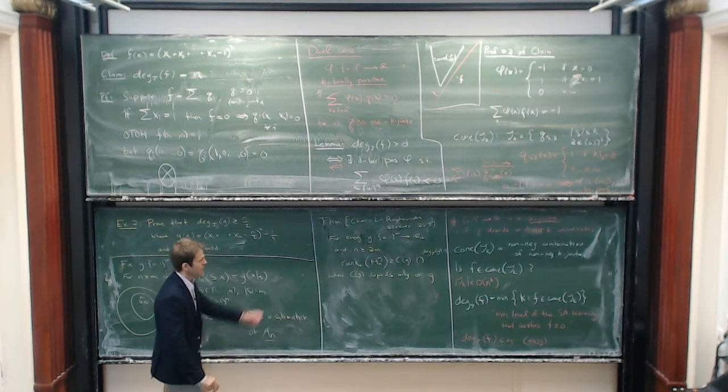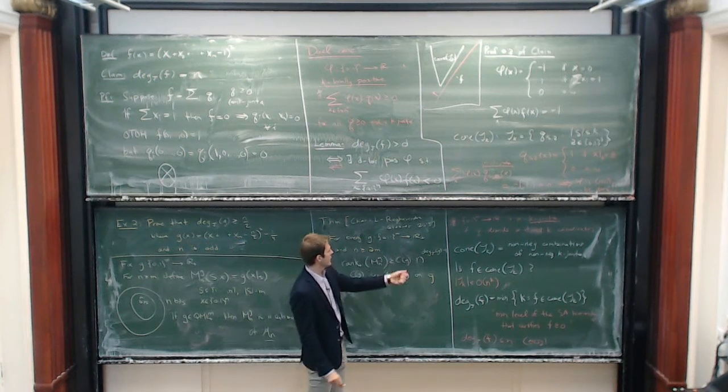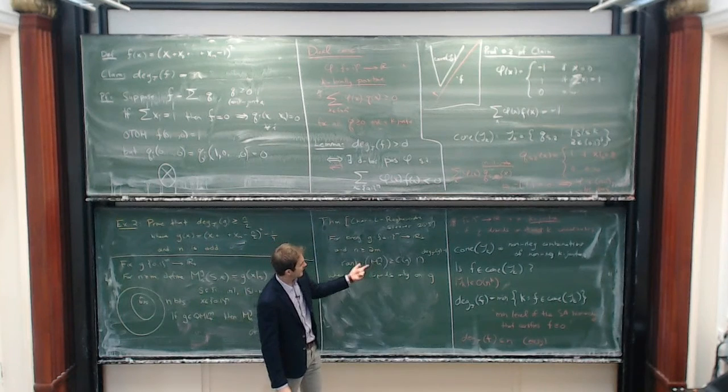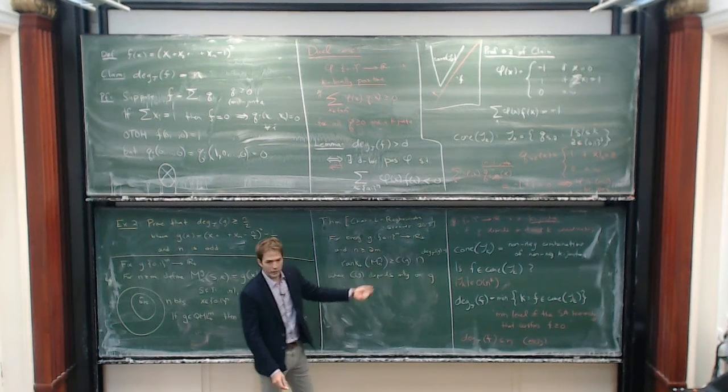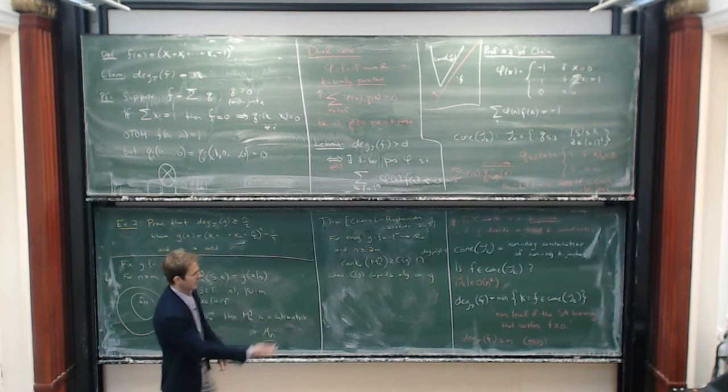So you fix a function with large junta degree, then you get a family of matrices whose non-negative rank is growing at least as fast.